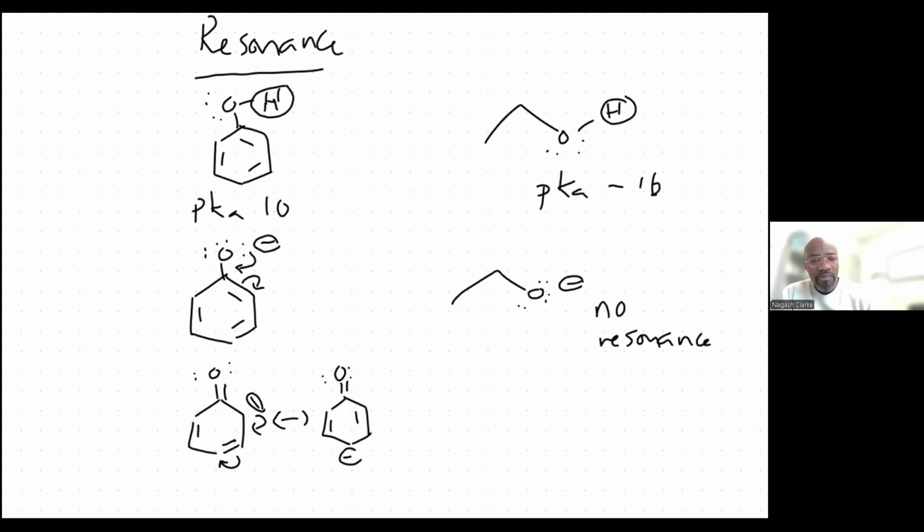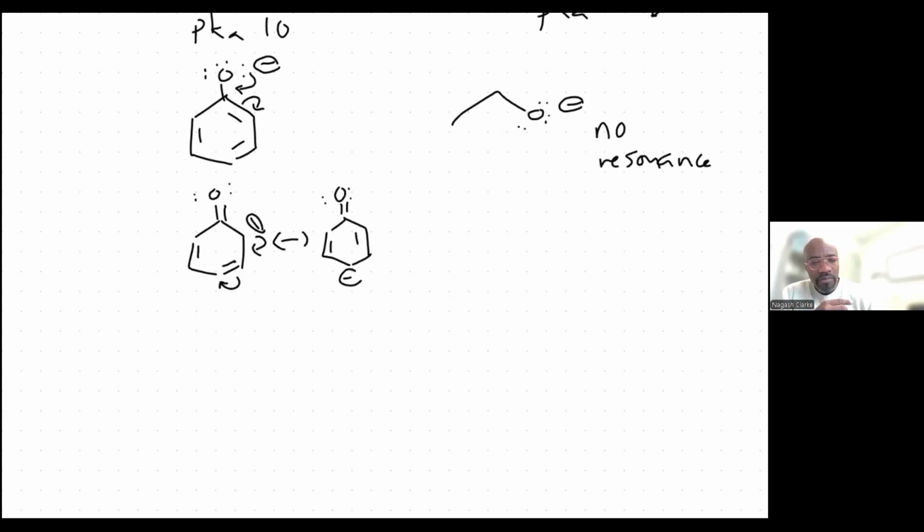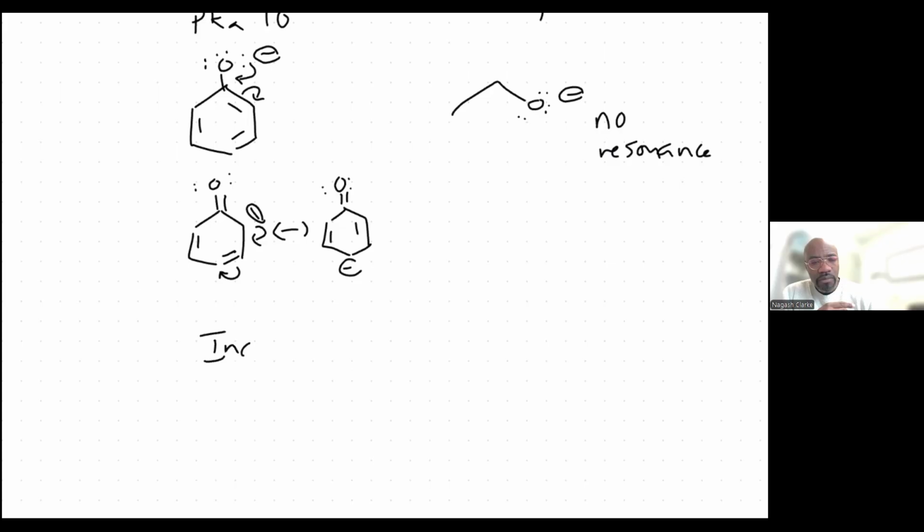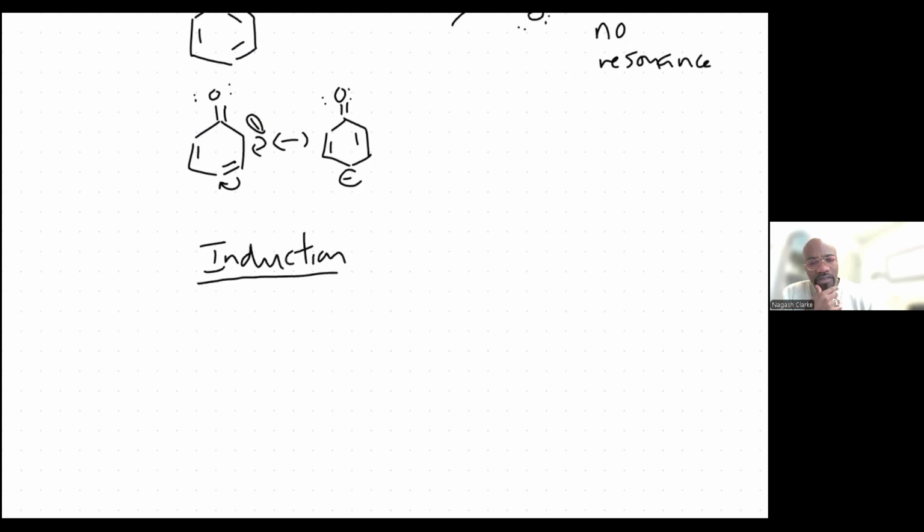So that's resonance. Let's look at induction. With induction, I'm not looking at resonance or the type of atom in a sense. I'm looking at what else is on my molecule that can help stabilize my charge.